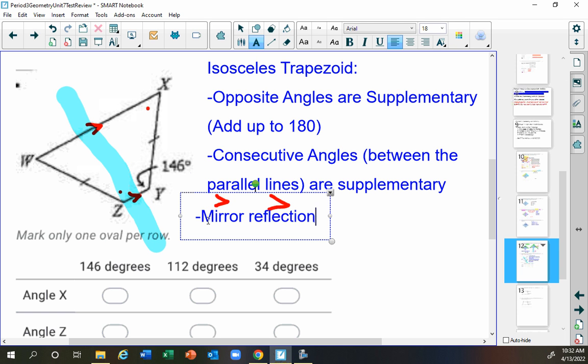So that might be another way. So you can do that for the parallel lines. Like you can put the mirror, cut it through, but don't put your mirror across the non-parallel lines. That's not going to work. The mirror has to go between, cut through the parallel lines.